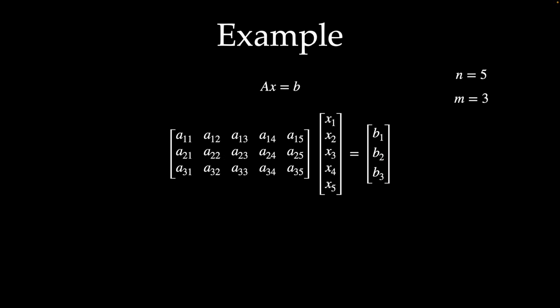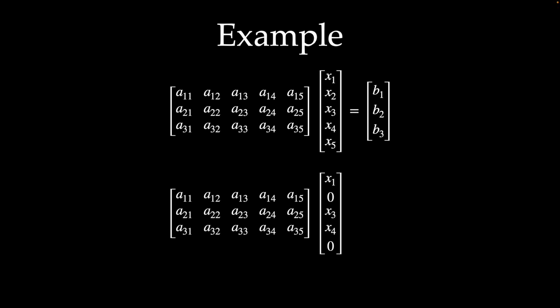What we're saying here is we have 5 variables now. We have 3 equality constraints represented by the rows of our A matrix. So now if we carry out this Ax equals b matrix multiplication, we're just going to look at what happens when some components of x are equal to 0. In this case, let's say that x2 and x5 are 0.